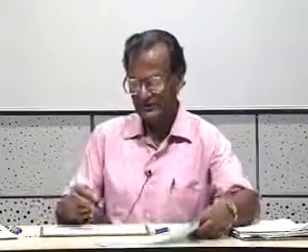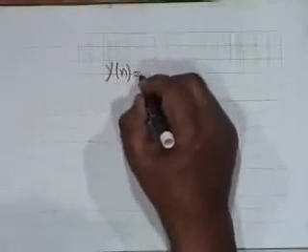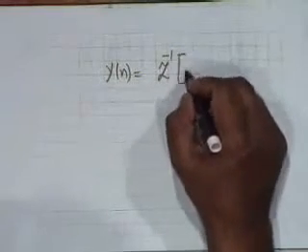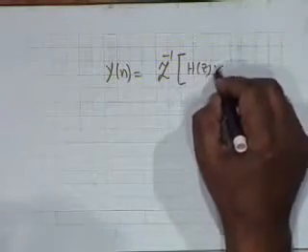That is, your interest is in finding y of n, so you find the Z inverse of H of z times X of z.